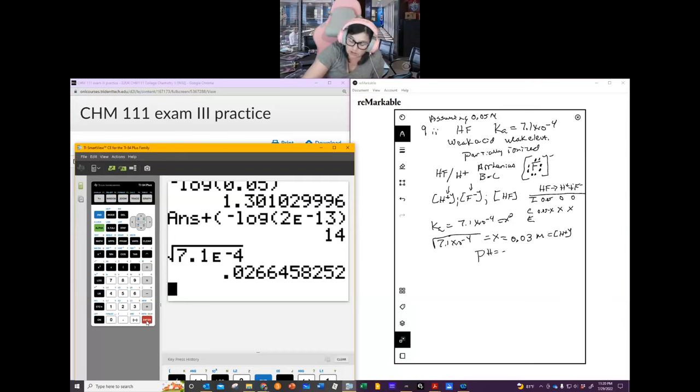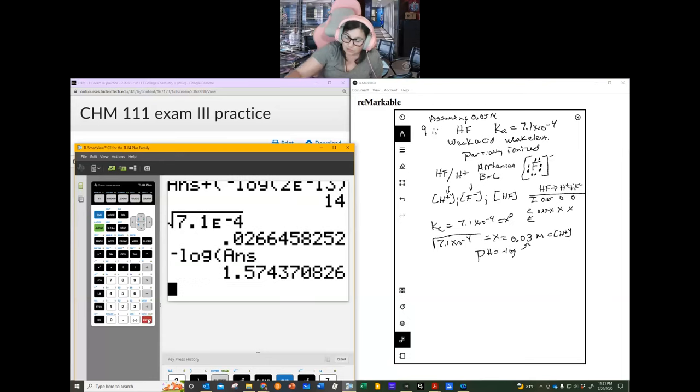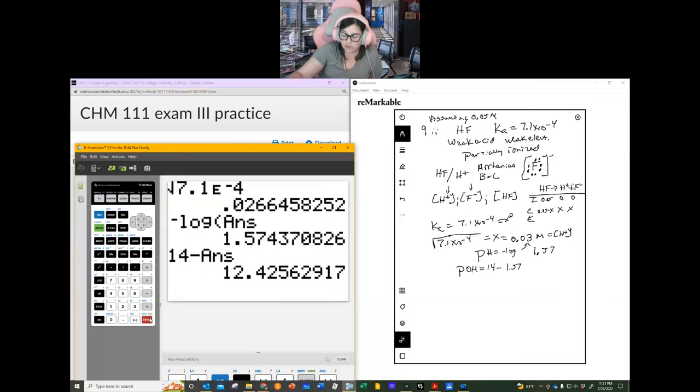pH is the negative log of that. So that gives me 1.57. If that's my pH, my pOH equals 14 minus the 1.57, which gives me 12.42, actually 12.43.